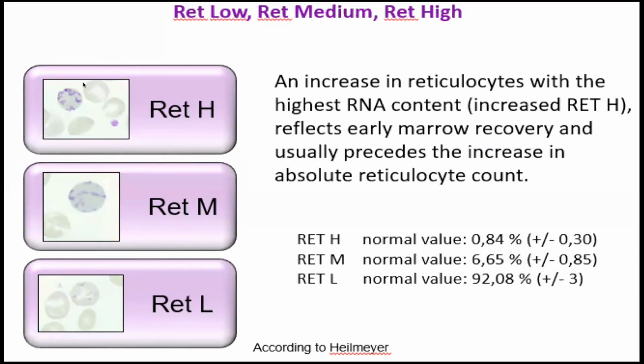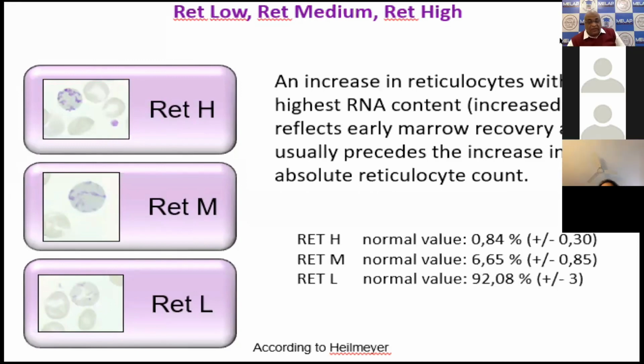This will increase before there is an actual increase in the absolute reticulocyte count. So this is very important. That RHCC is very important, because these parameters help us in reaching the diagnosis.